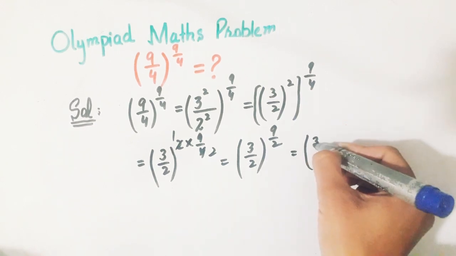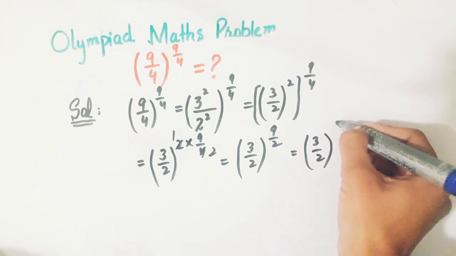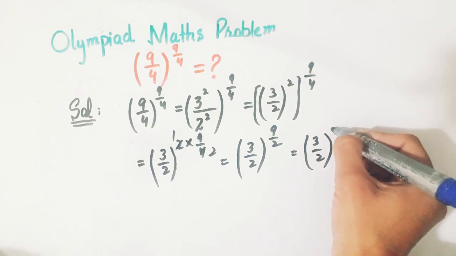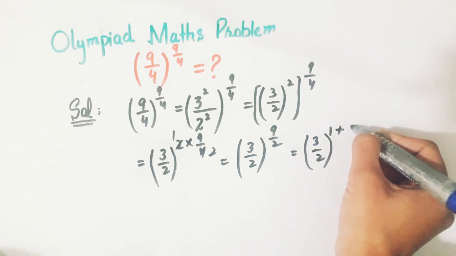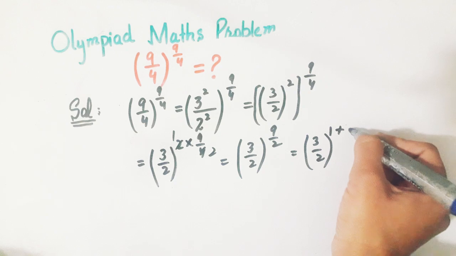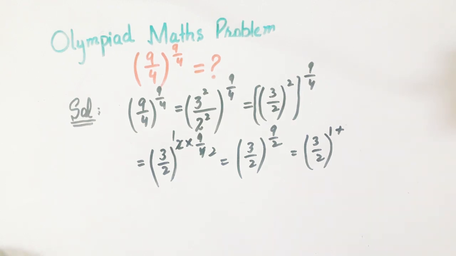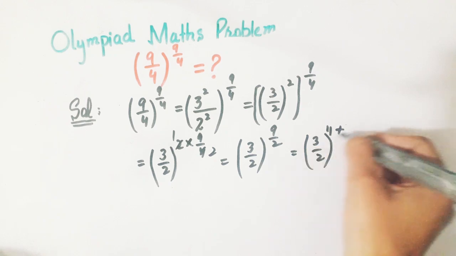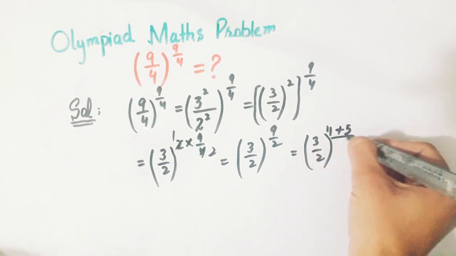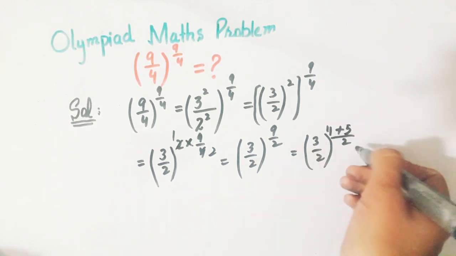So we get (3/2) to the power 1 plus, and the remaining is 4 plus 5, because 9 can be written as 4 plus 5.